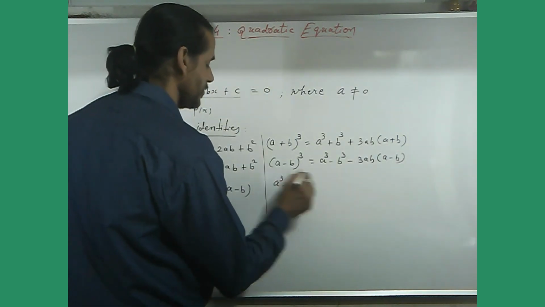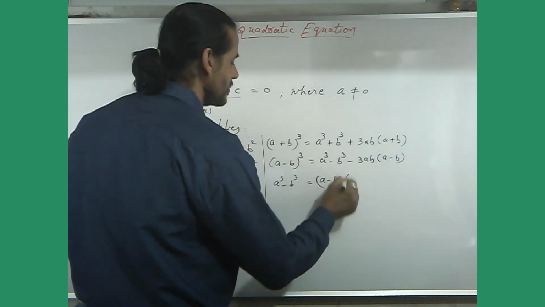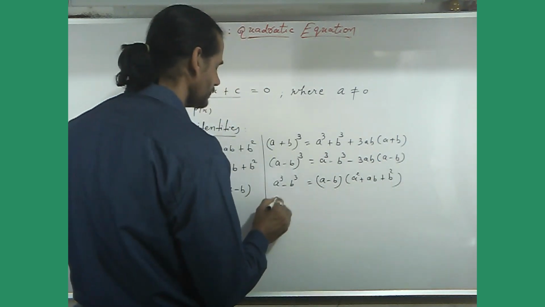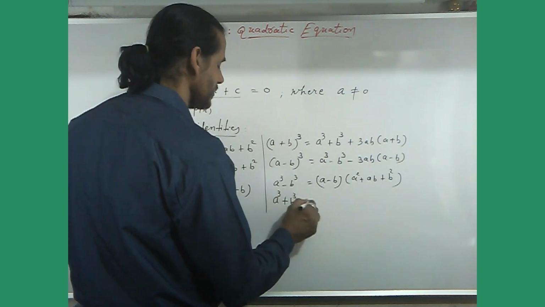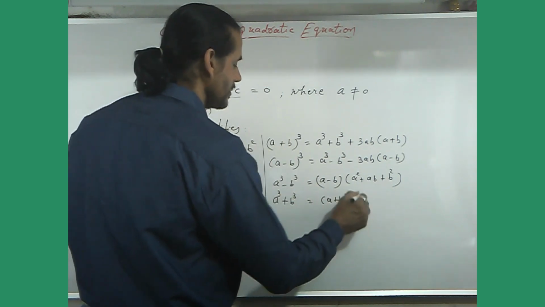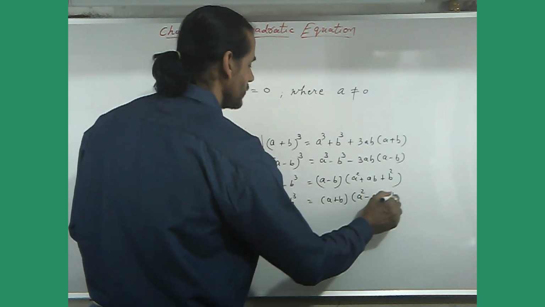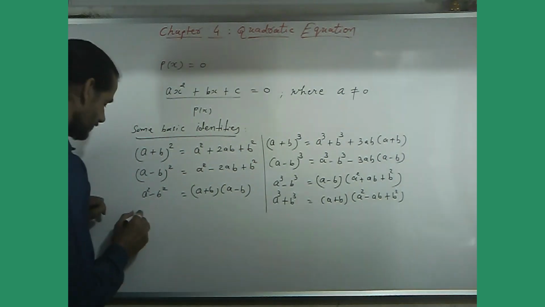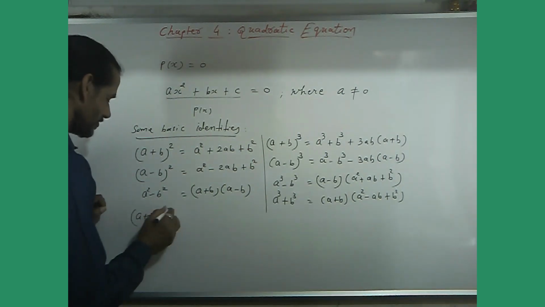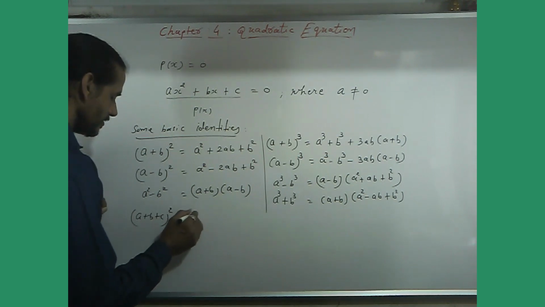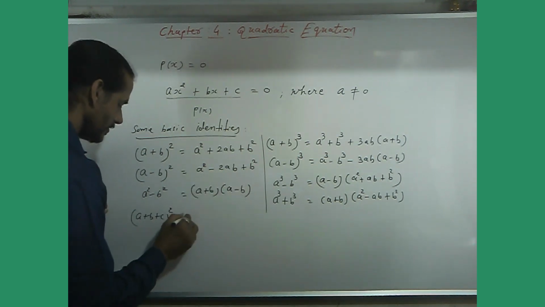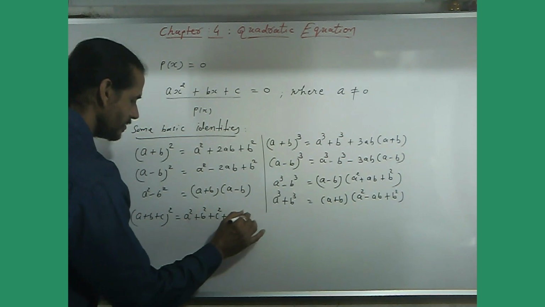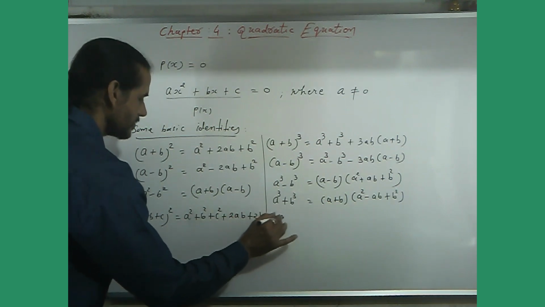a cube minus b cube is equal to a minus b, a square plus ab plus b square. a cube plus b cube is equal to a plus b, a square minus ab plus b square. a plus b plus c all square is equal to a square plus b square plus c square plus 2ab plus 2bc plus 2ca.